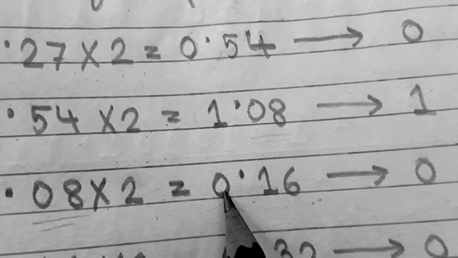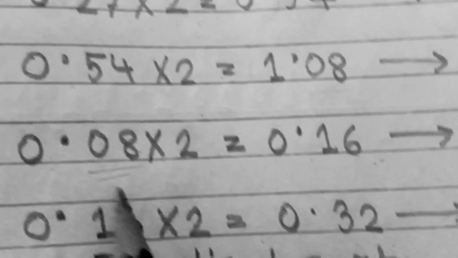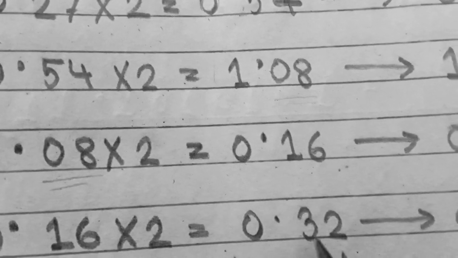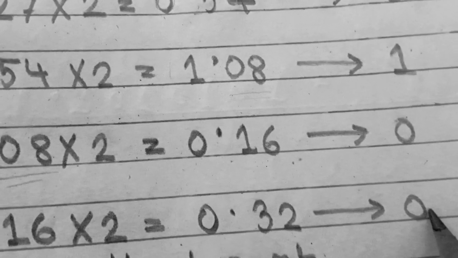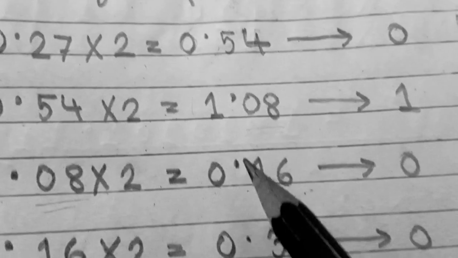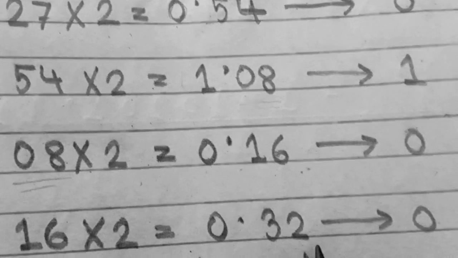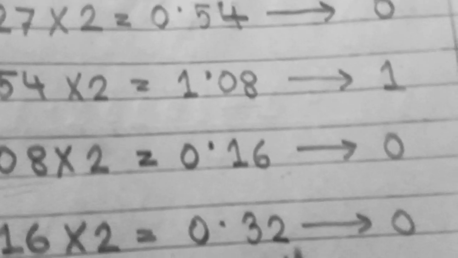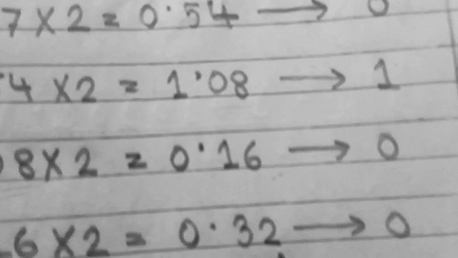0 is the integral part, keep it aside. Then 0.16 into 2 again, so 0.32, so 0 integral part you keep aside. You continue this process until after the point you get all zeros. I again repeat, you continue this process until after the point you get all zeros.